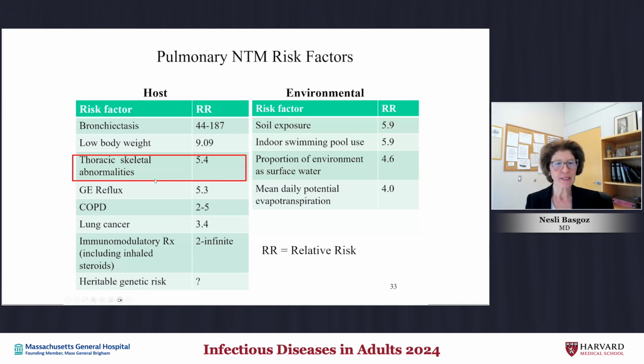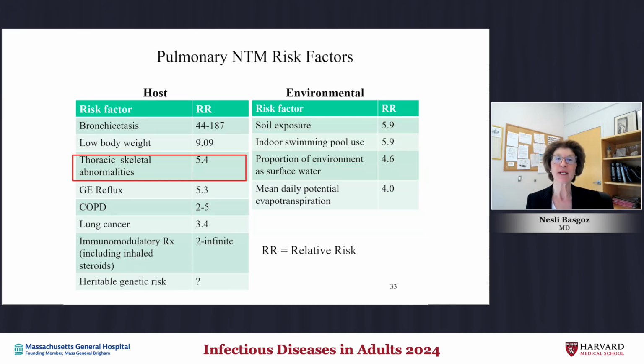I'm going to come back to thoracic skeletal abnormalities, GE reflux, we've talked about a little, COPD, lung cancer, and depending on the type of immunomodulatory treatment, the risk can go from about 2 to 3-fold, for example, inhaled steroids, to so-called infinite relative risk with some of the immunomodulators such as TNF inhibitors.